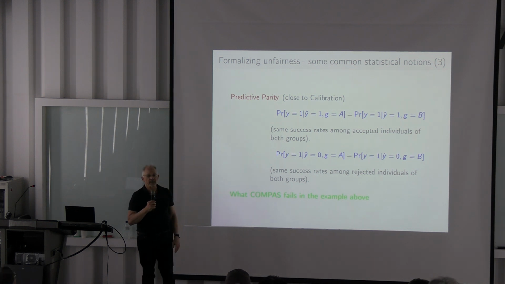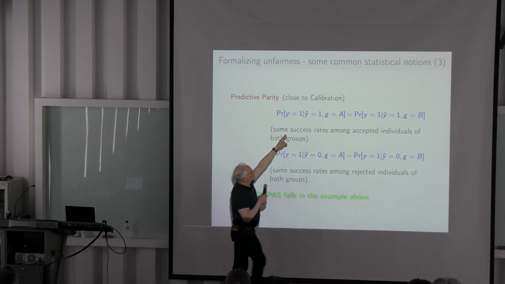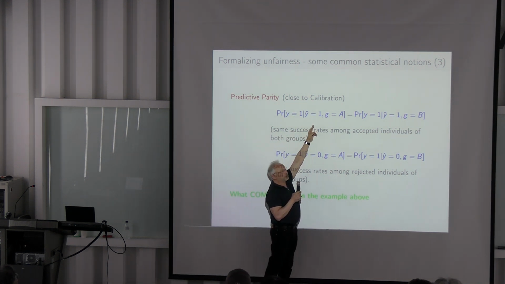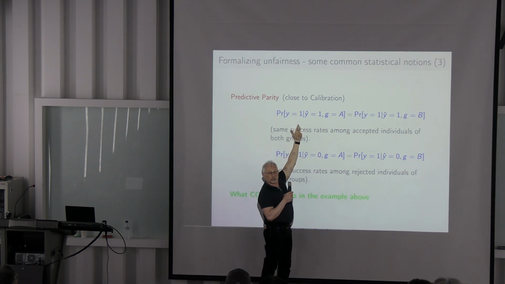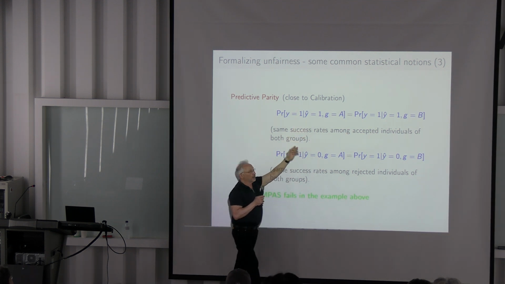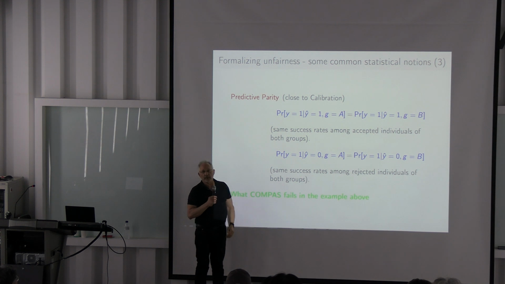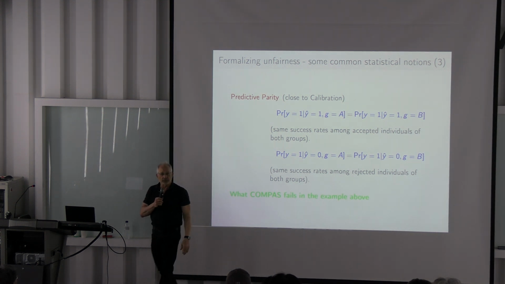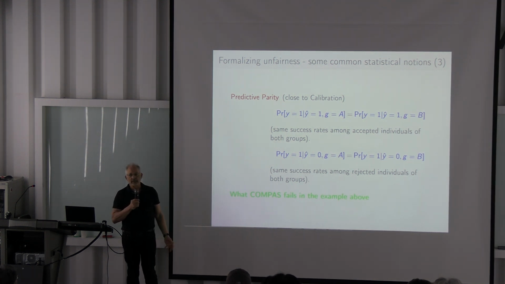So that's what the COMPAS was failing in our example. Among those that were predicted to reoffend, we looked at the percentage that really reoffended and compared it between the two groups. But you see, this is also a very intuitive notion of fairness. Among those that I accepted, I want to have the success rate the same in both groups.